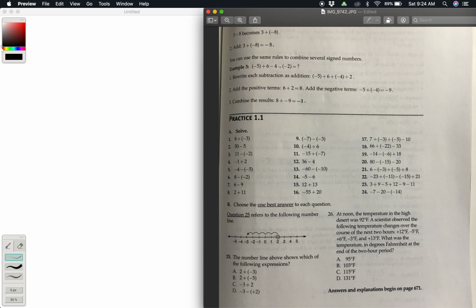And then if you minus a negative amount, for example 4 minus -2, then you're adding a positive amount.